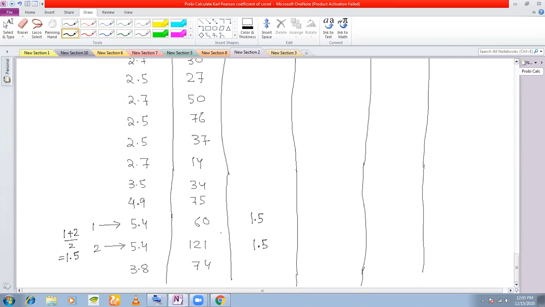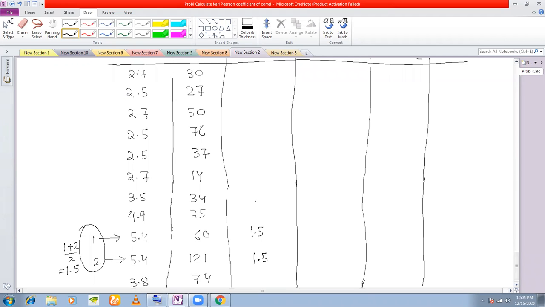So next, ranks 1 and 2 I have already exhausted, that means I cannot use them. Now I'll start with rank 3. Which one is the next highest after 5.4? The next highest is 4.9, so I'll give rank 3 to 4.9.